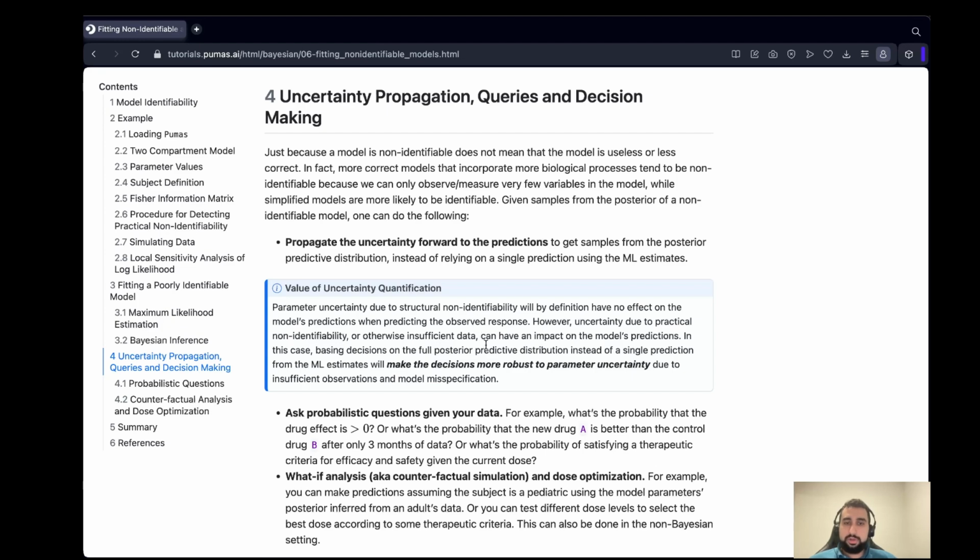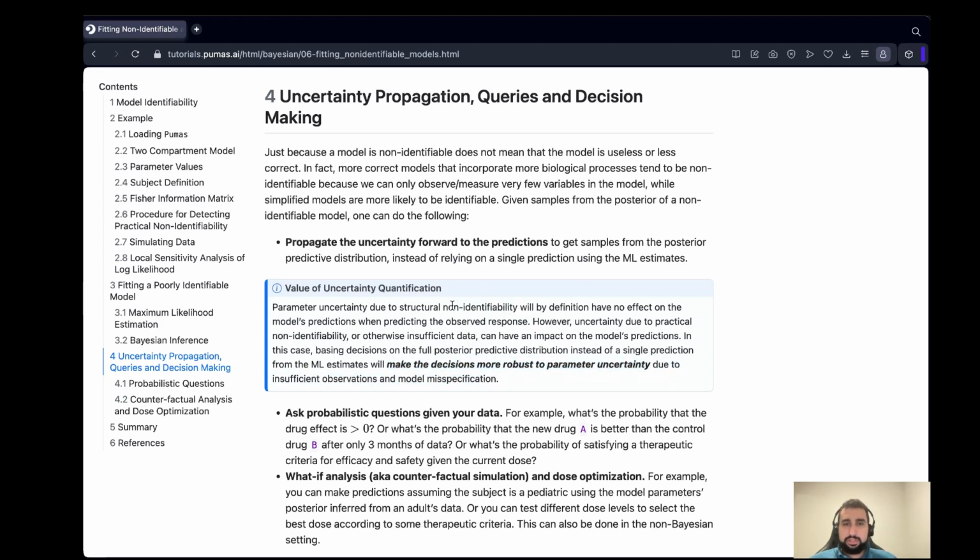In that case, it's good to know all the possible predictions made according to the posterior distribution, whereas maximum likelihood would give you a single prediction from the point estimate. So that would be the second scenario. And again, the idea is to make your decisions more robust to parameter uncertainty.